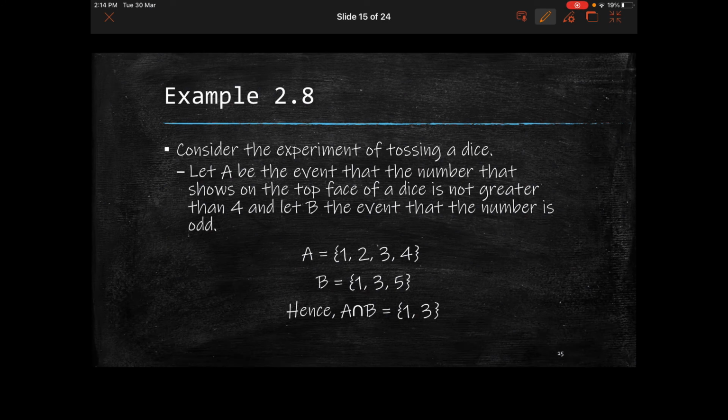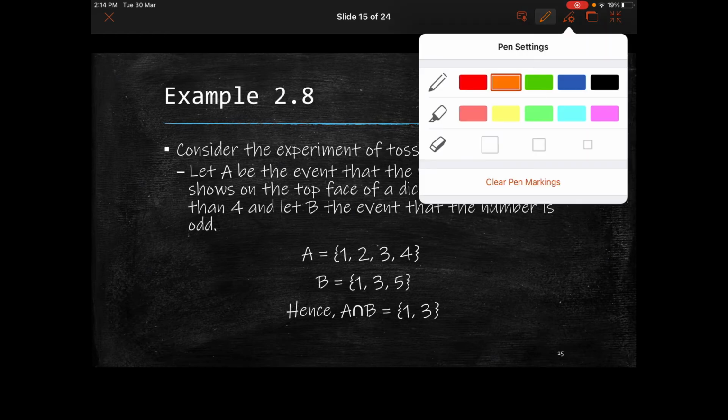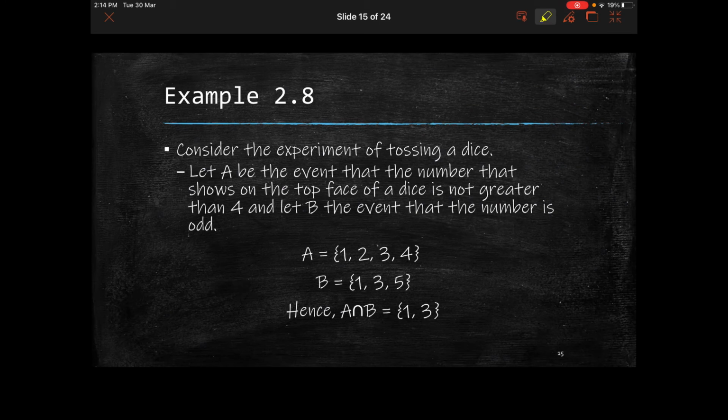Let's take a look at the example of tossing a dice. Let A be the event that the number that shows on the top face of a dice is not greater than 4. Let B be the event that the number is odd. So hence A intersection with B is 1 and 3.